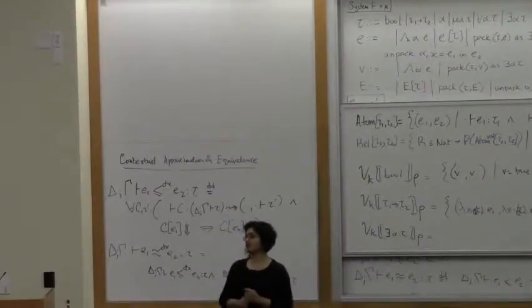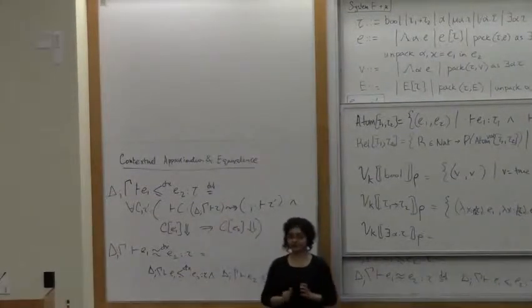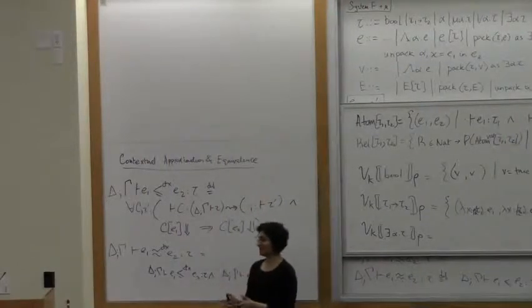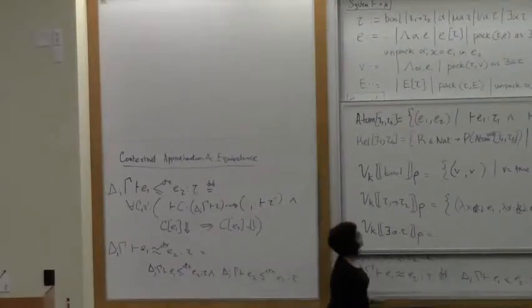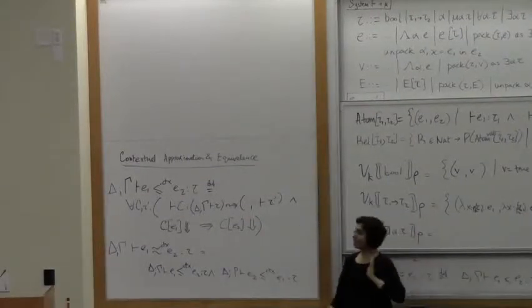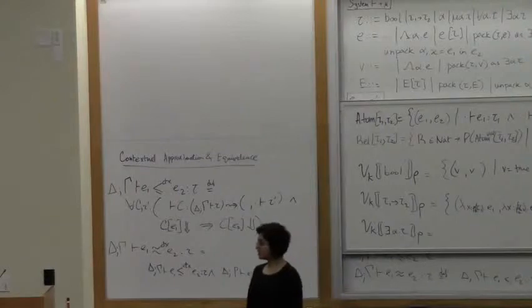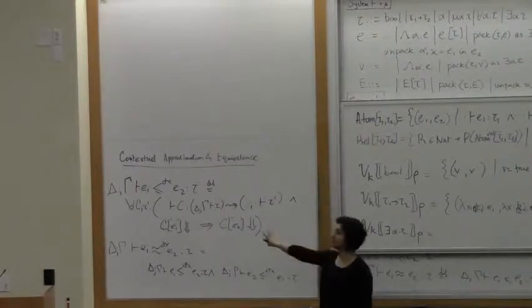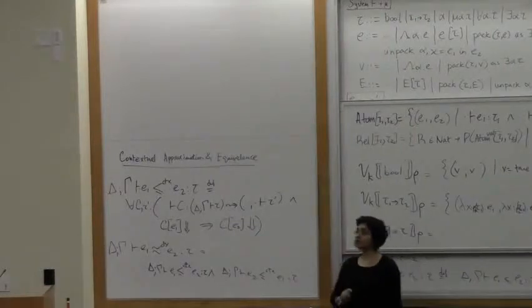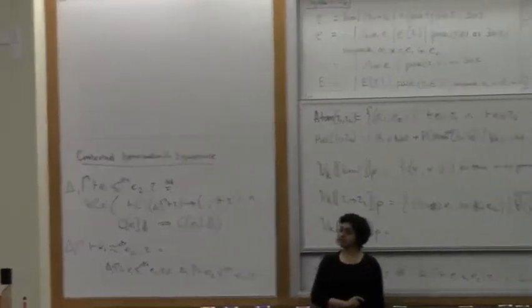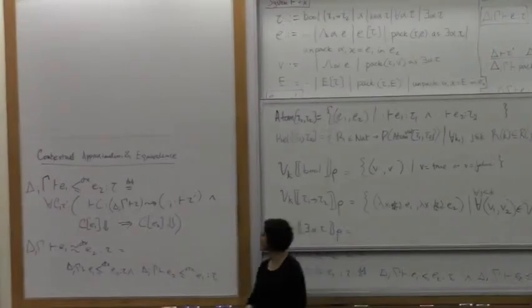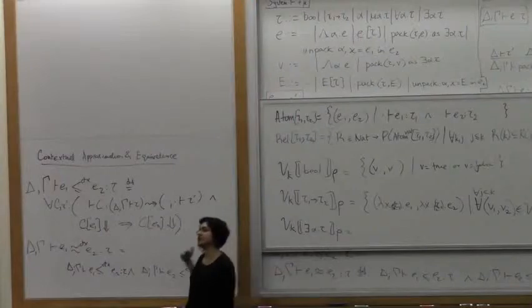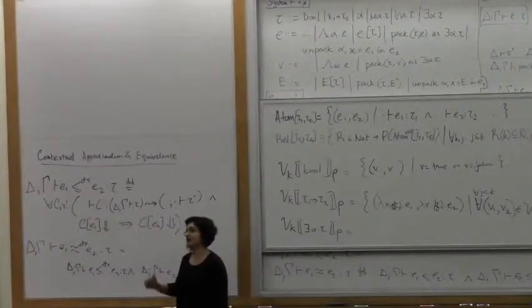I'll give you a technical answer right now: the definition that we're building is good enough without any extra constraints on R, if all you want is a logical relation that is sound for proving contextual equivalence. If you want a logical relation that's also complete with respect to contextual equivalence, so that contextually equivalent terms should be in the logical relation, then you need to constrain R a little bit more. And we'll come back to that.